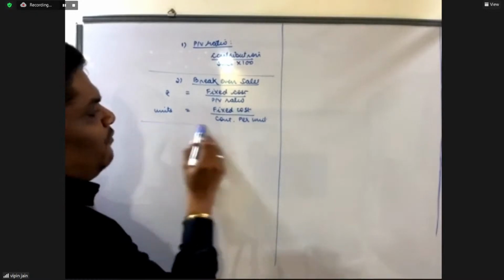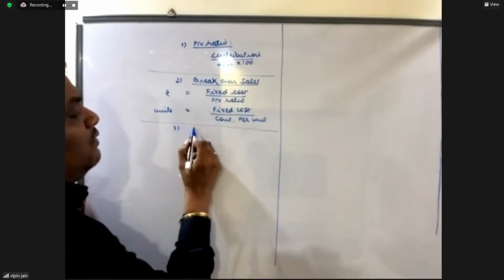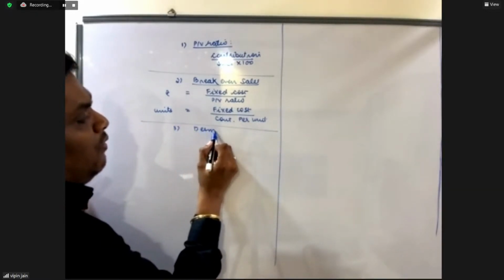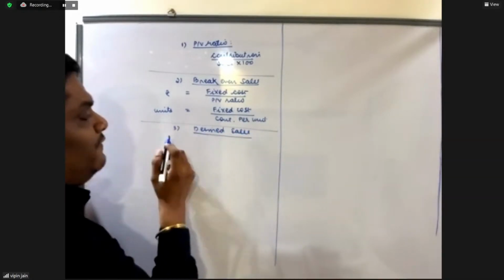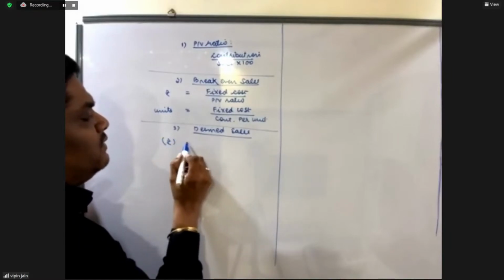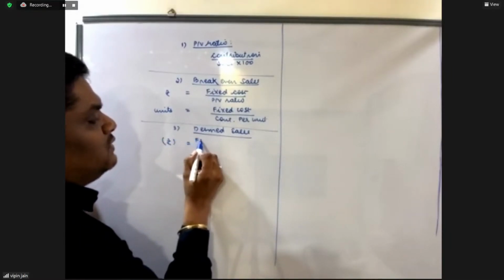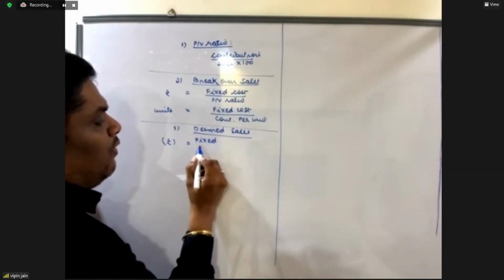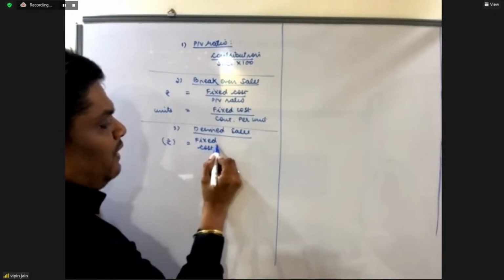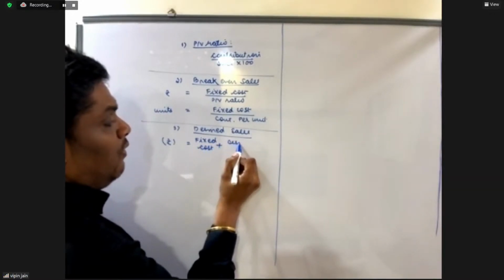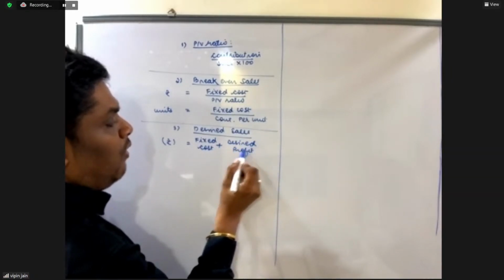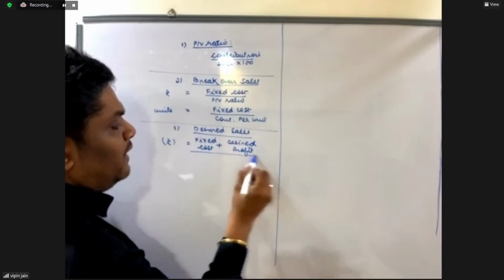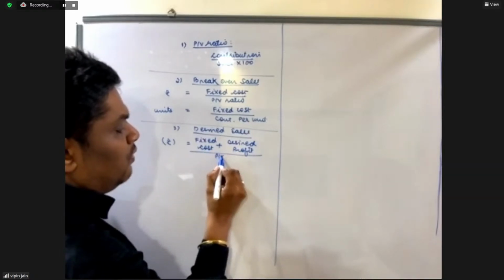The next concept we discussed was desired sales. If you want to calculate it in rupees, it is fixed cost plus desired profit divided by PV ratio.